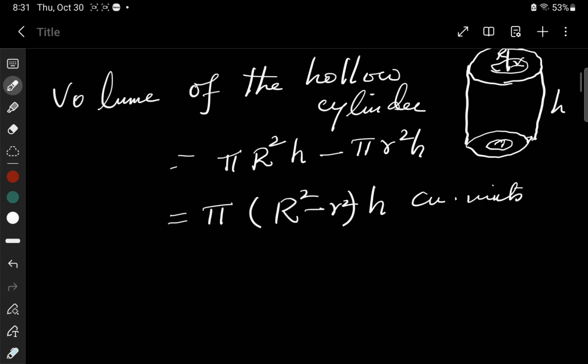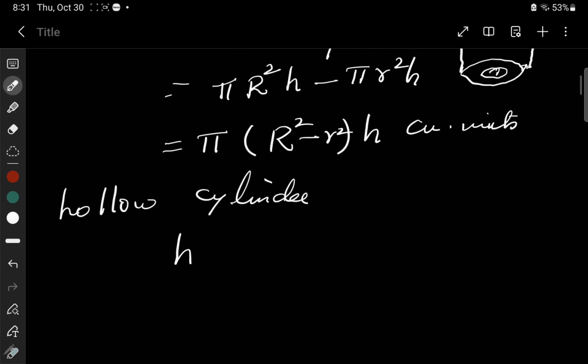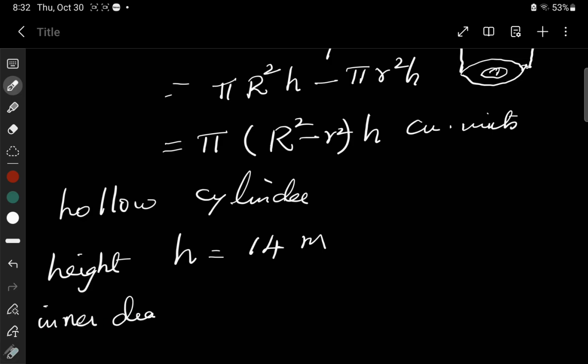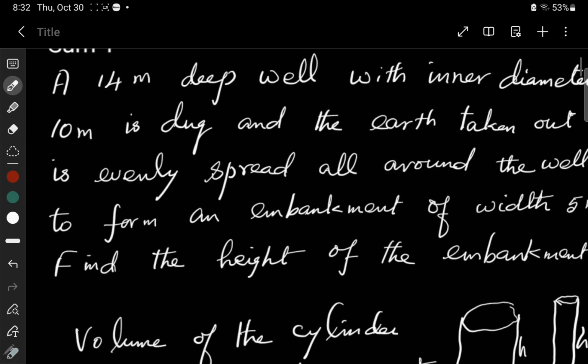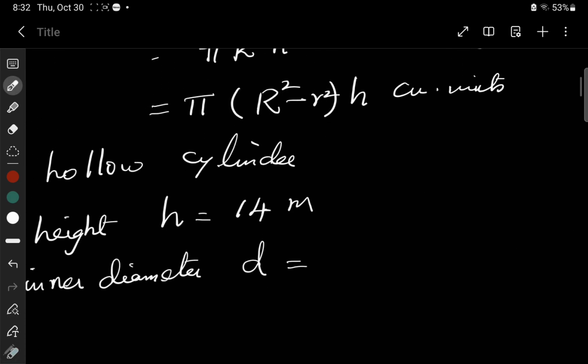So here they have given the height of the cylinder, h. Take the hollow cylinder. The height h is equal to 14 meter, and the inner diameter, small d, they have given as 10 meter.